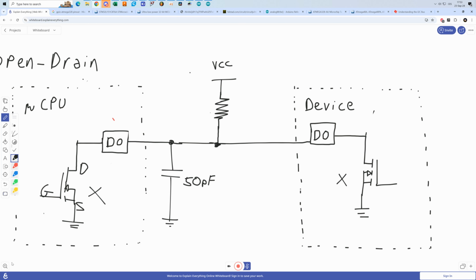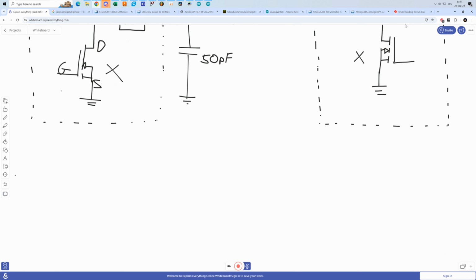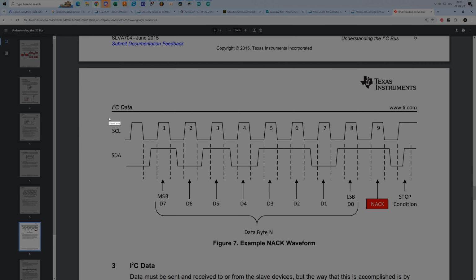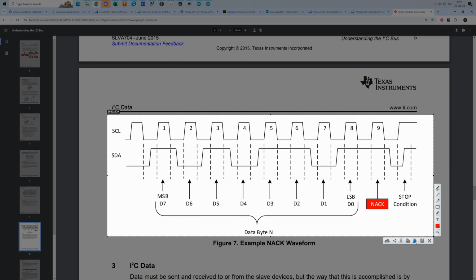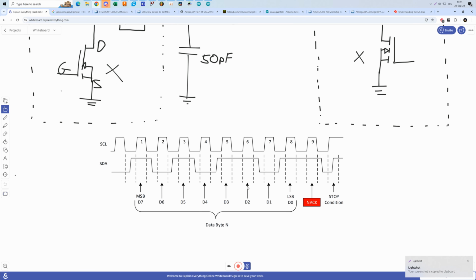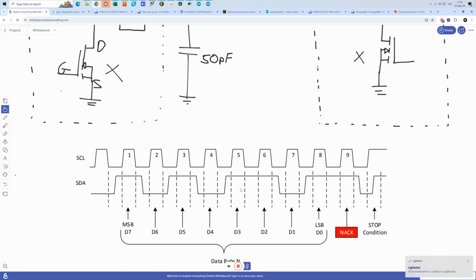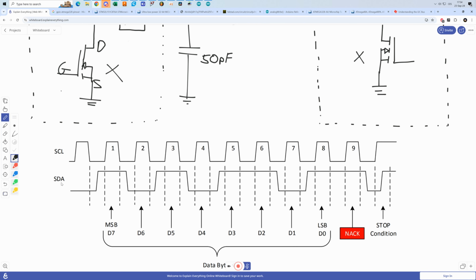So what will actually happen if this resistor is too big or this capacitance is too big? Let's have this diagram over here. What could, in theory, happen is that the SDA line, the serial data line, is going to look more like this.